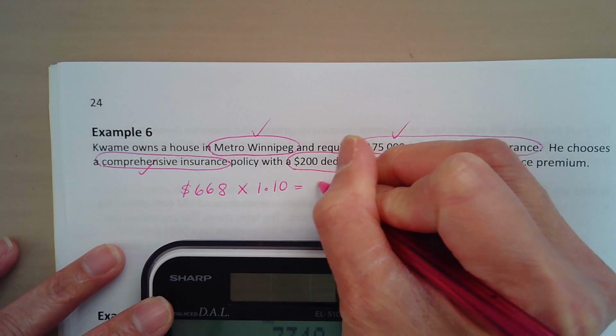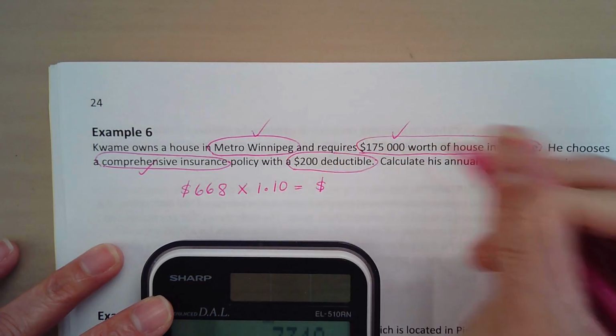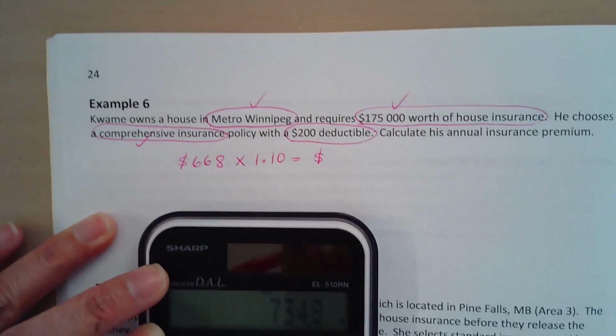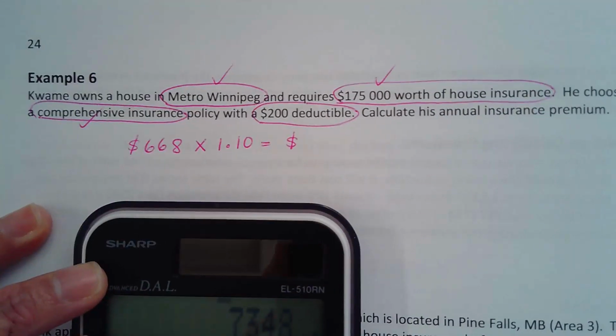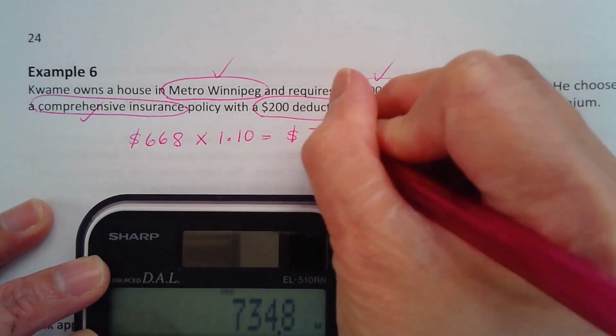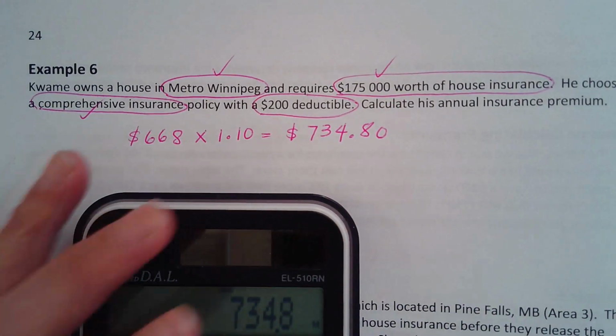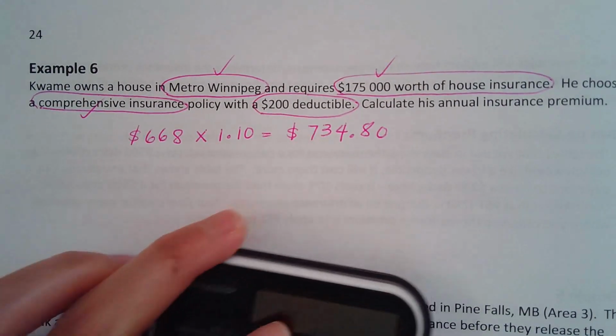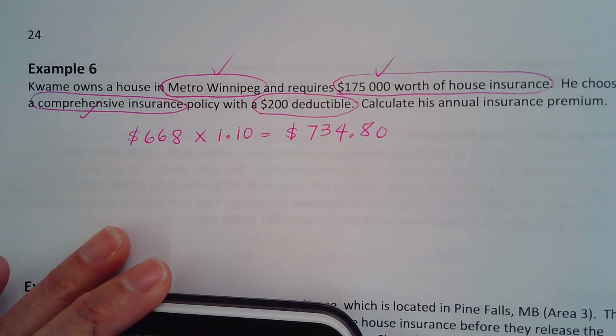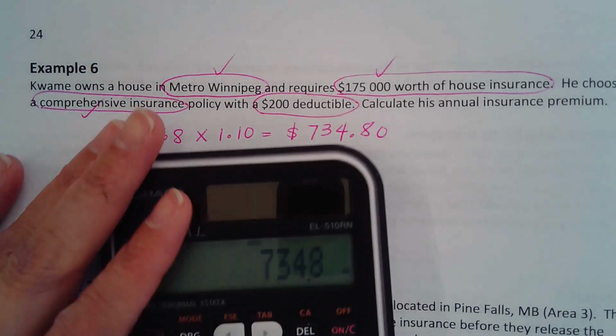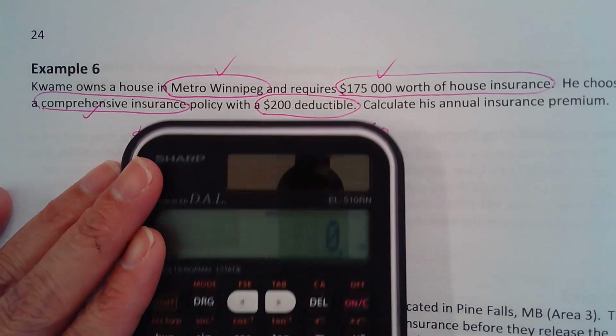I'm gonna get a dollar sign, don't want to forget about that one. $734.80. How do I put it on a calculator?